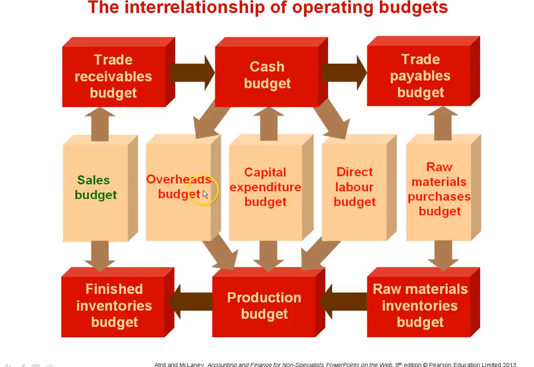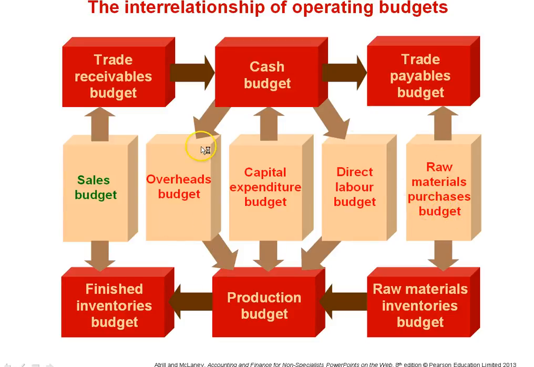Your cash budget will involve overheads. An extra item is the capital expenditure budget. Because you know your production, you then know your direct labor as well, and also because you know your production levels, you know what your trade payables are going to be, and then you know what your raw material purchases.